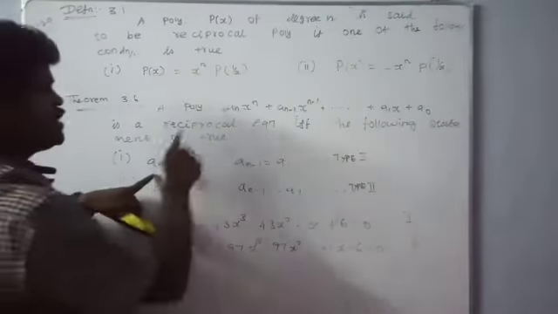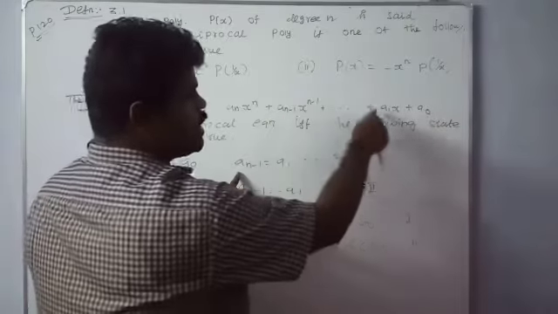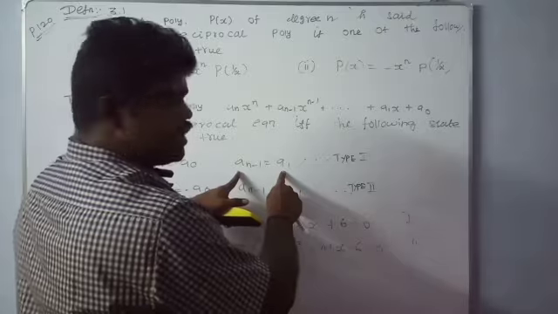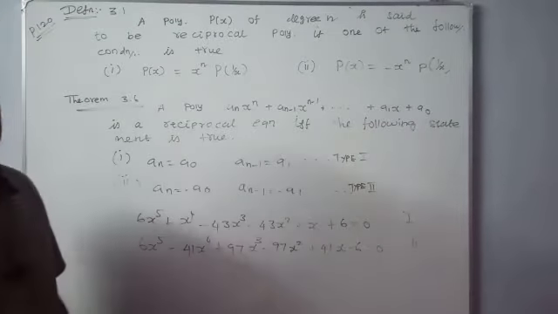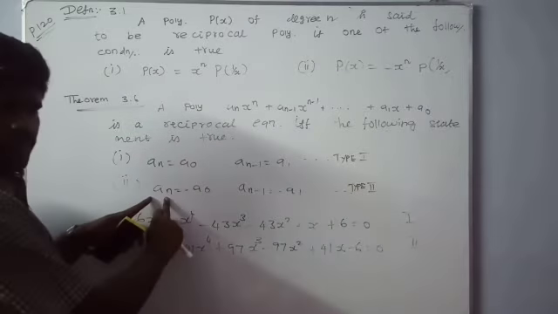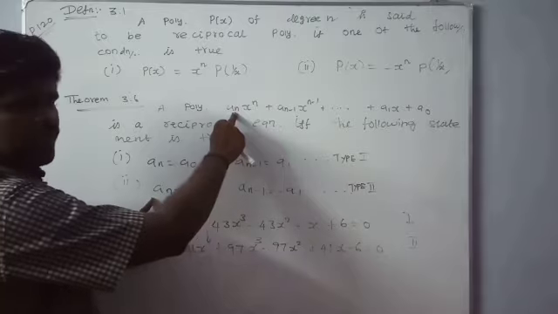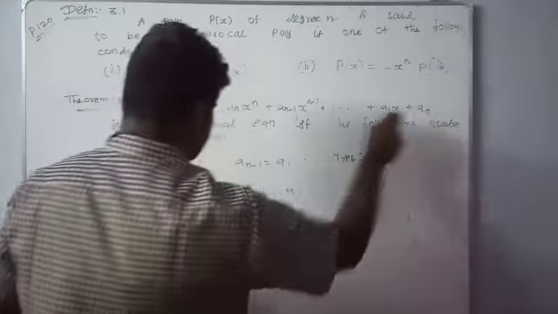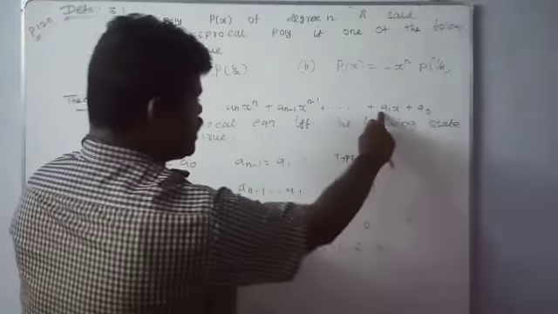Here we understand a n equal to a0 and a n minus 1 equal to a1. This is a reciprocal equation of type 1. And here a n equal to minus a0, the leading coefficient is equal to minus a0, and a n minus 1 is equal to minus a1.